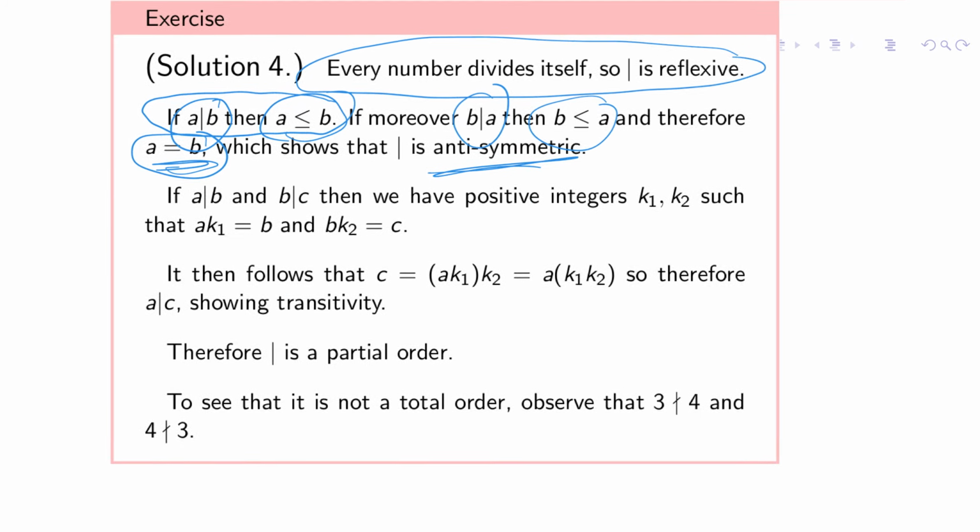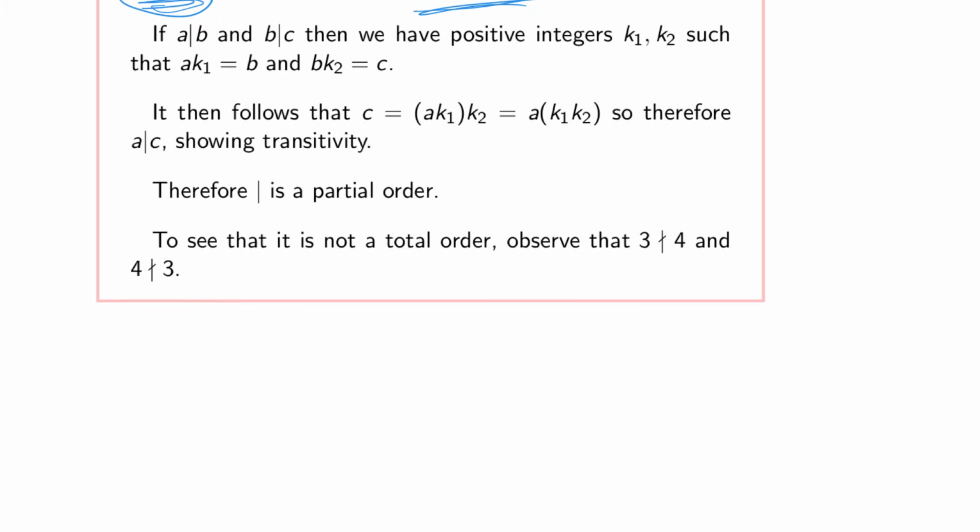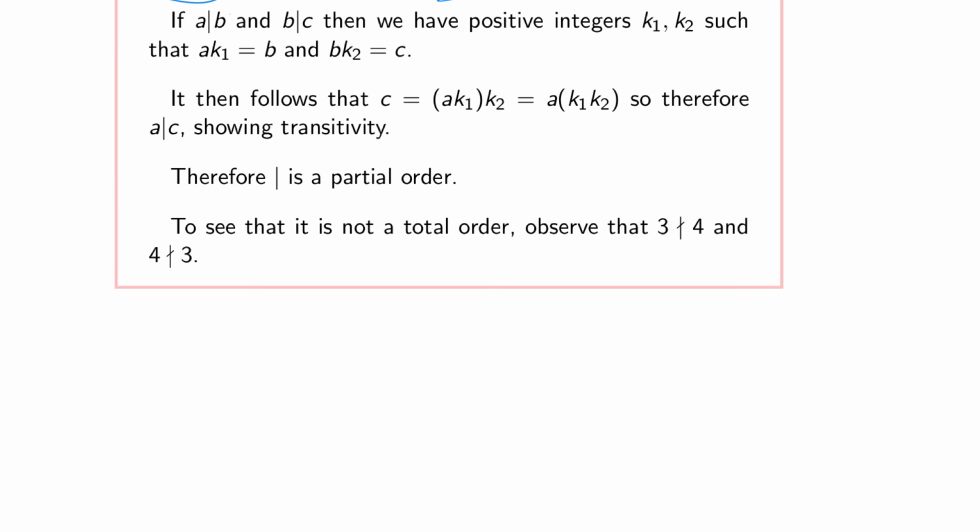So all that remains at this point is to show transitivity, and although this is a common exercise in discrete math, I'll go ahead and step through it. So let's assume that A divides B and also B divides C. By the very definition of divisibility, there exist some integers, K1 and K2.